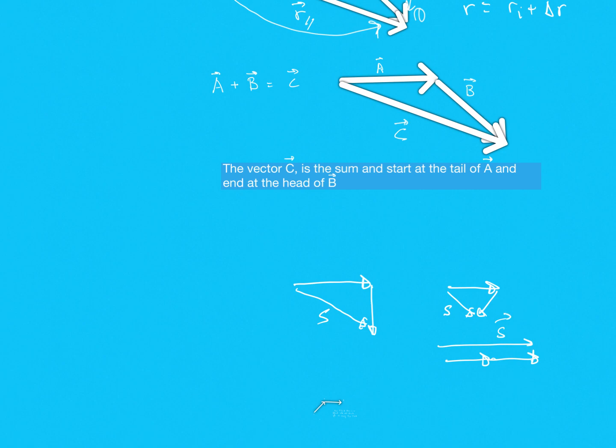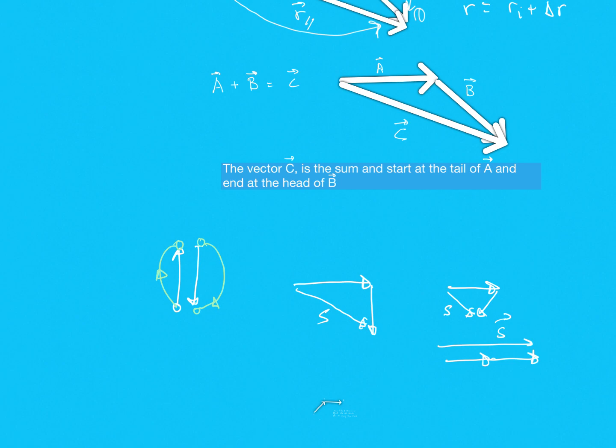If I want to sum this vector with this vector, the sum will be 0. Why? Because the first vector makes a motion, it translates you from here to here. And the second one makes an operation to move you from here to here. So you are at the same place. So nothing has happened. So the sum is 0.